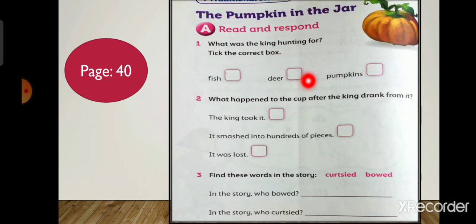Have you done? Okay. Question number 2 is, what happened to the cup after the king drank from it? Now, here are again 3 options. Sentence number 1 is, the king took it, it smashed into hundreds of pieces, or it was lost.